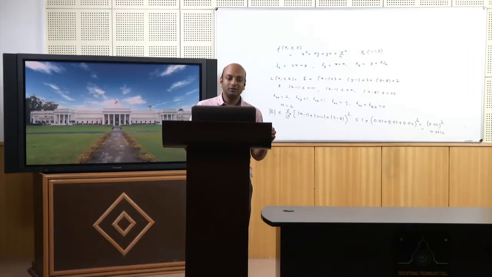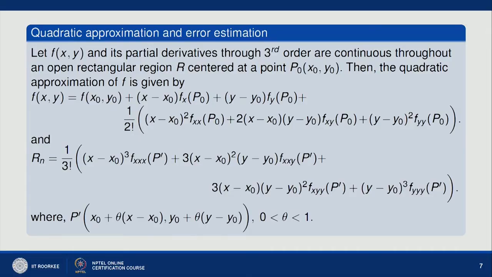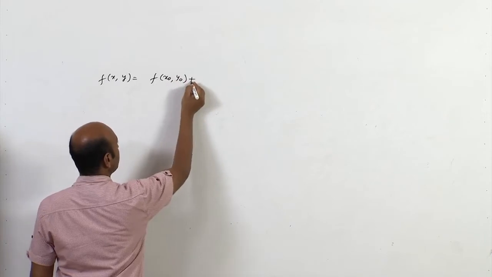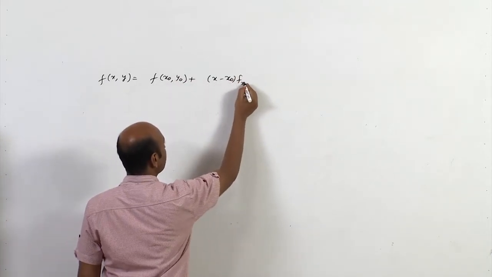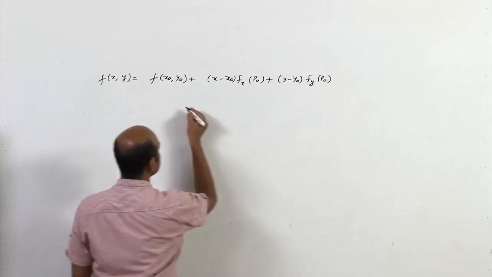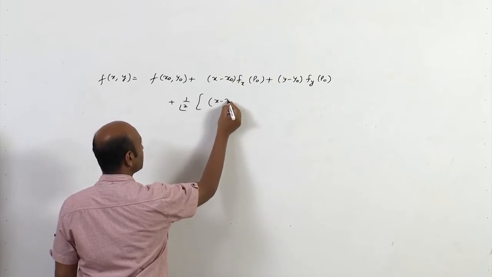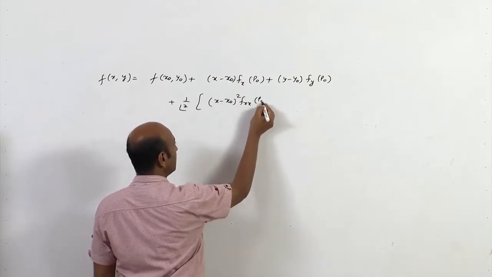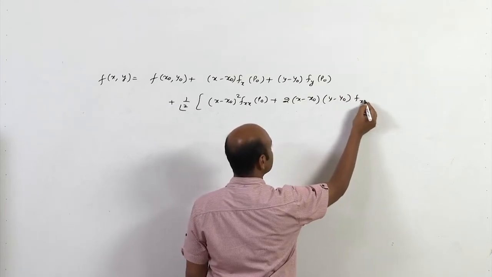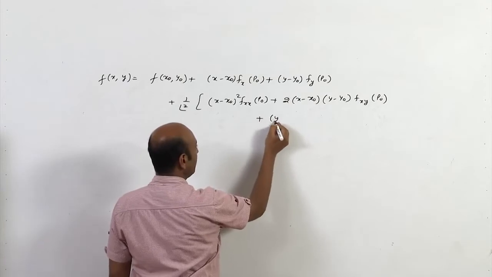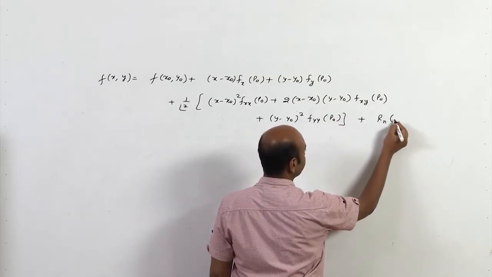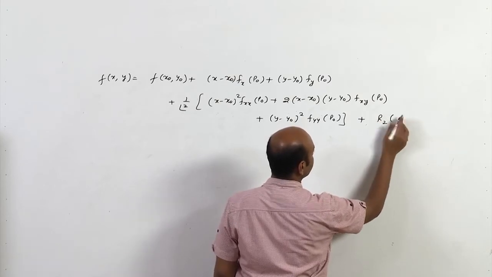Now, for quadratic approximation, as we already did, let us discuss this. f(x,y) is given as f(x naught, y naught) plus (x minus x naught) f_x at p naught plus (y minus y naught) f_y at p naught plus 1 by factorial 2 times [(x minus x naught) whole square f_xx at p naught plus 2 (x minus x naught)(y minus y naught) f_xy at p naught plus (y minus y naught) whole square f_yy at p naught] plus error term.